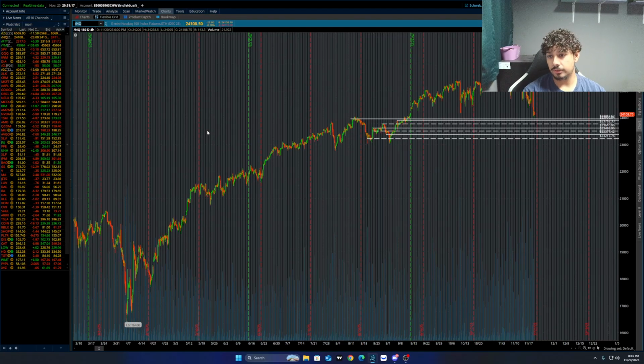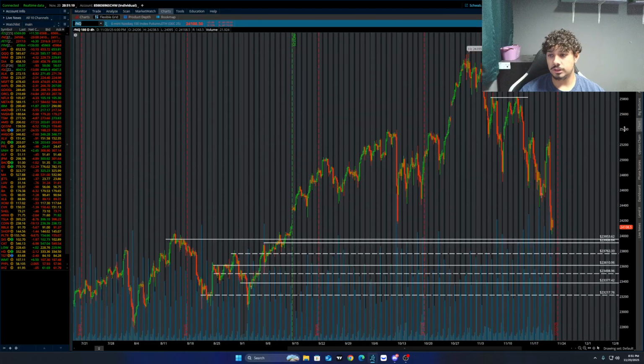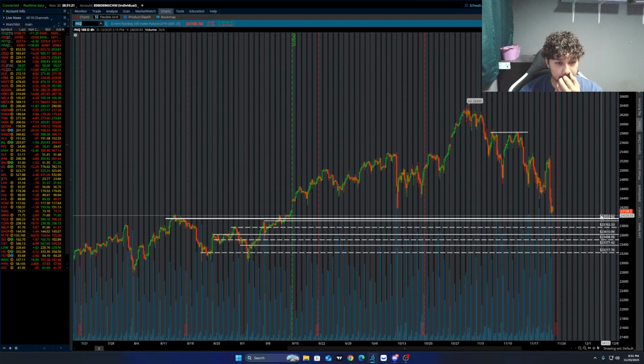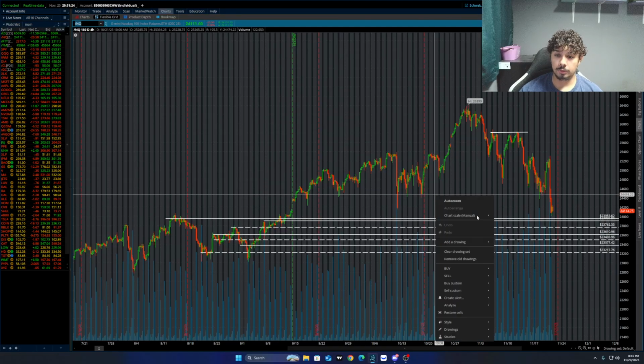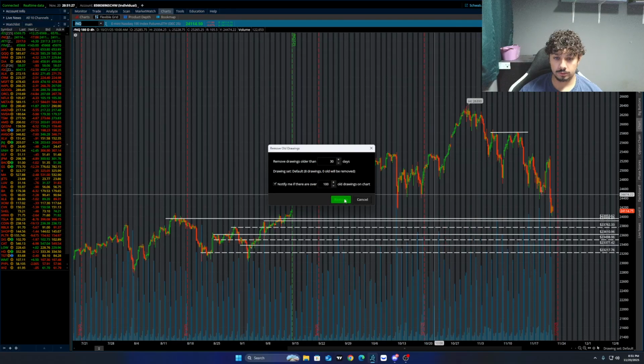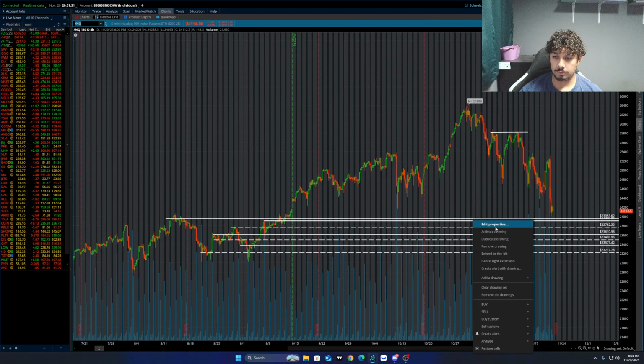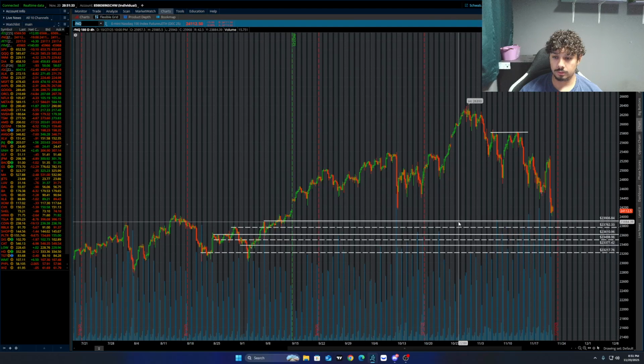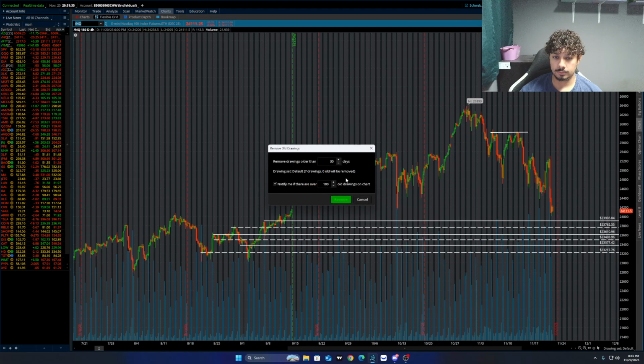NQ, probably the same exact thing. I didn't make a base here, but if we follow my cursor right there, let me remove everything first. For some reason it doesn't let me remove everything.